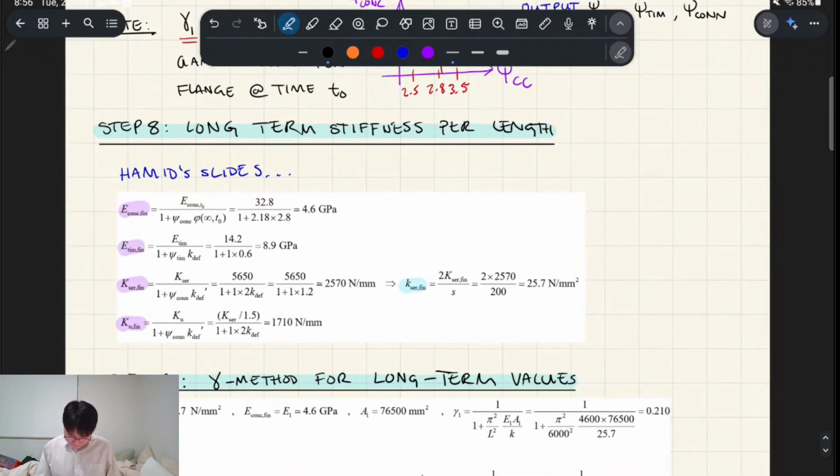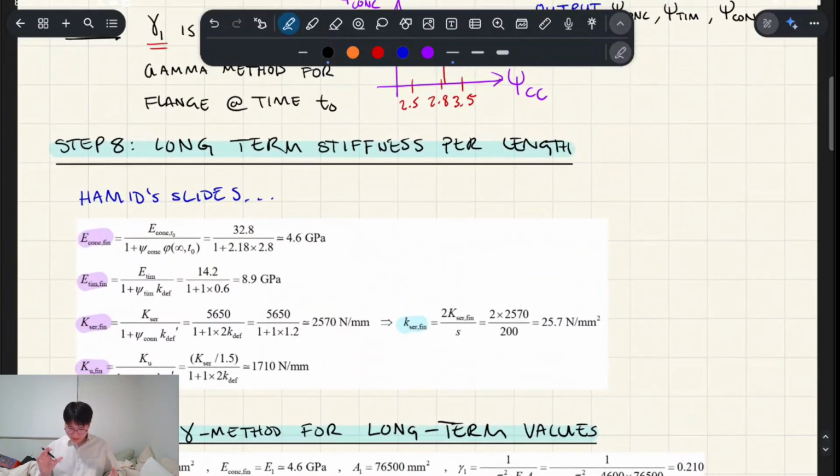Yeah, and then long-term stiffness per unit length has this completely different formula. But here's where you plug in the things we just found, right? And you basically find your long-term concrete elastic modulus, you find your long-term timber elastic modulus, your long-term service and ultimate stiffness, right? But we just need the one for service, right?